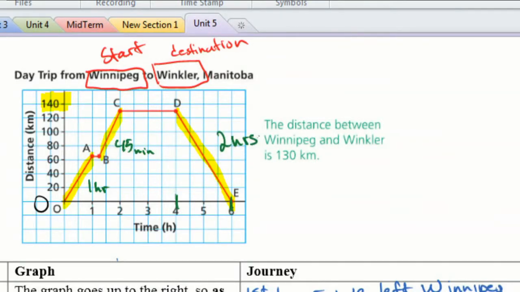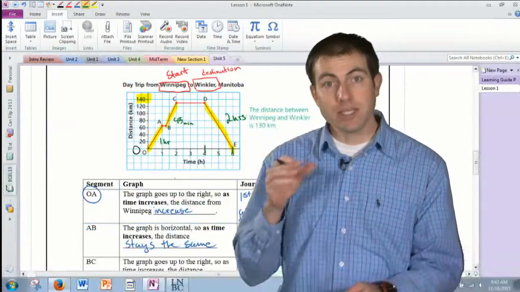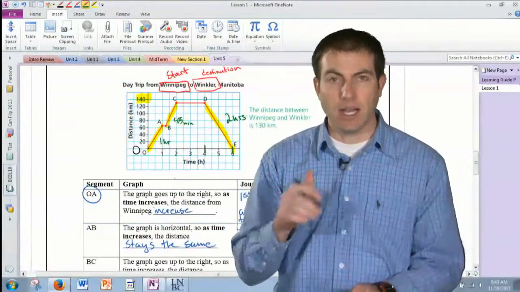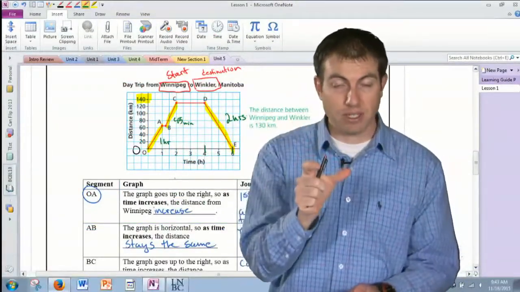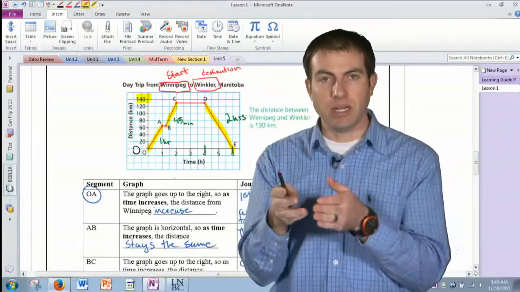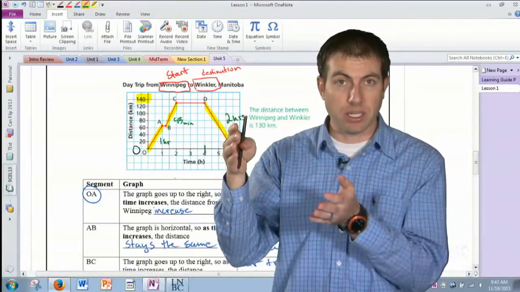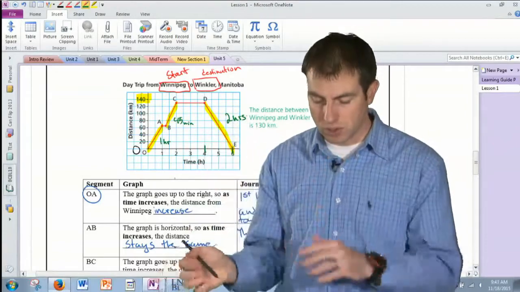So they were gone for 6 hours, but the question's asking how long were they driving for? So there was kind of 3 sections where they were driving. They were driving, they took a 15-minute break, they drove again for another 45 minutes, and then on the way home it was just a 2-hour stint.